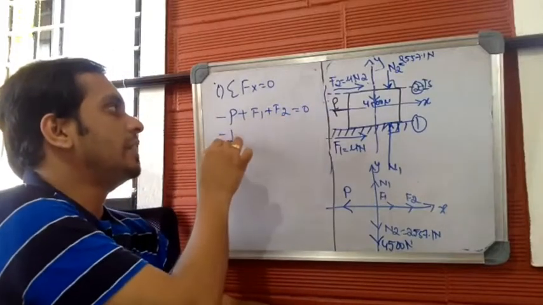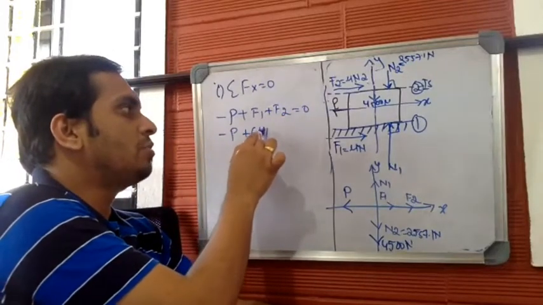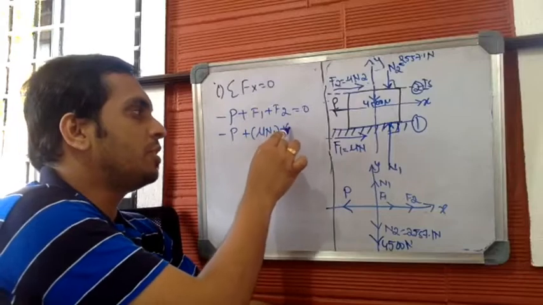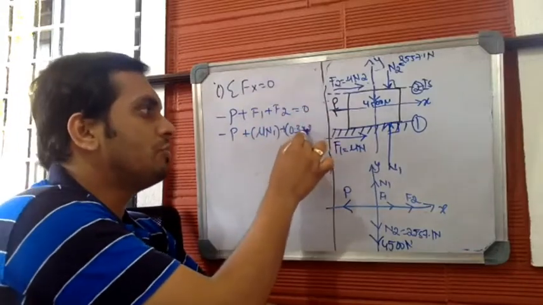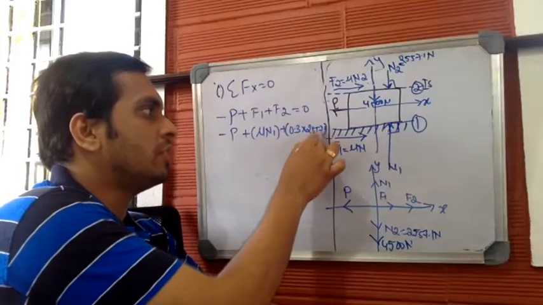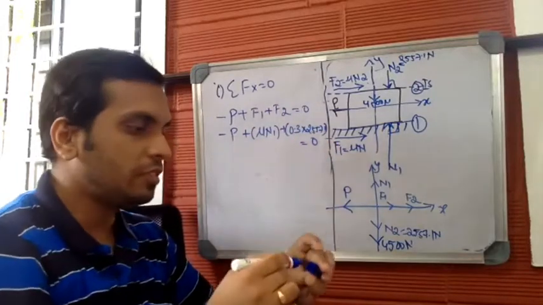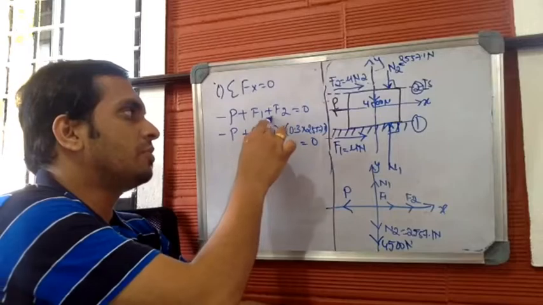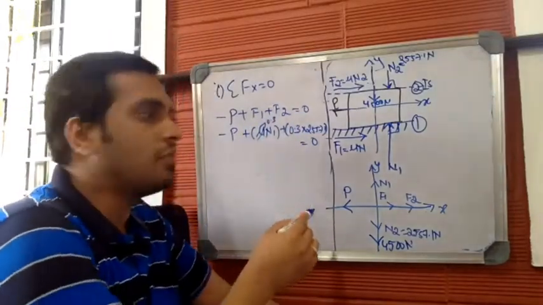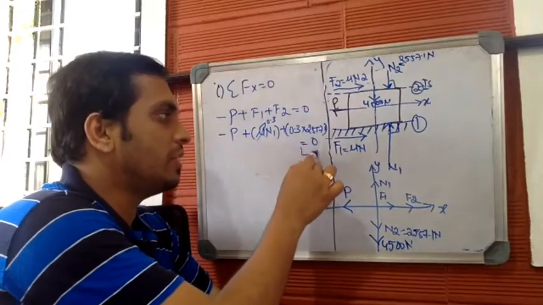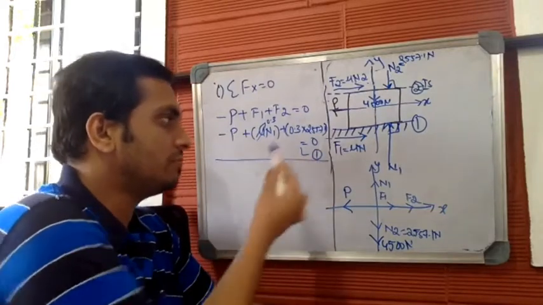Let us simplify this. Minus P plus F1, which is mu into N1, plus F2, which is mu into N2. Here mu is 0.3, and N2 is 2,557.1, equal to 0. So this is the equation, which I'll consider as equation number 1.